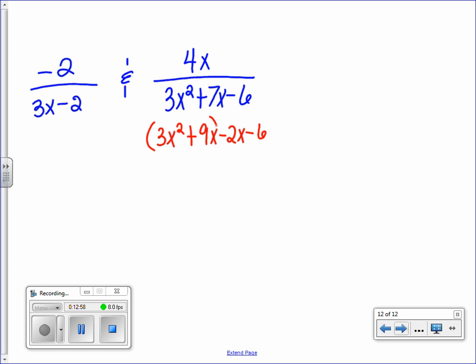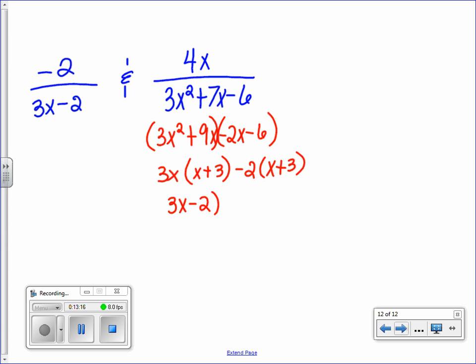Alright, so what can come out of the front group? A 3x, okay? That's going to leave x plus 3. What can come out of the back group? A negative 2, and that's going to leave x plus 3. So this actually factors to 3x minus 2 times x plus 3. Okay, so now let's compare them.